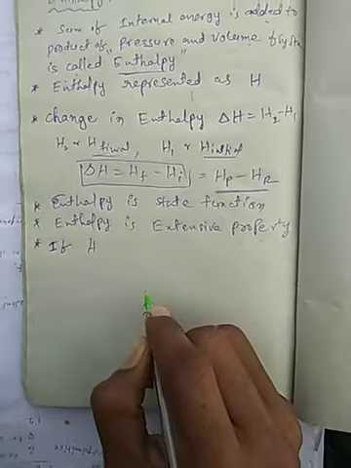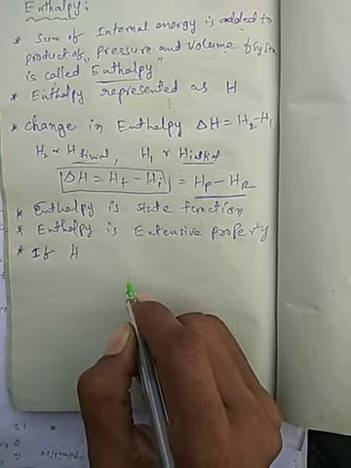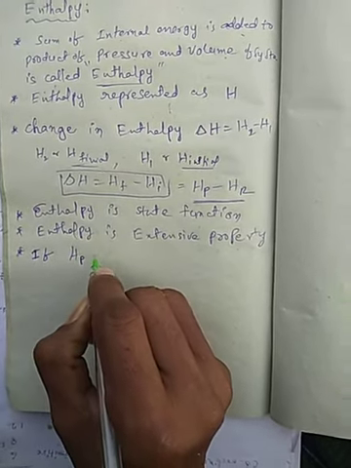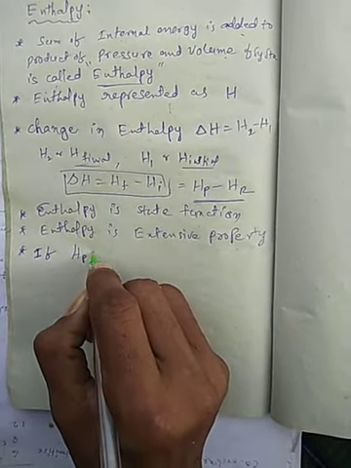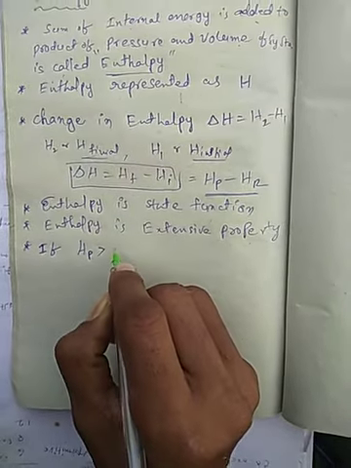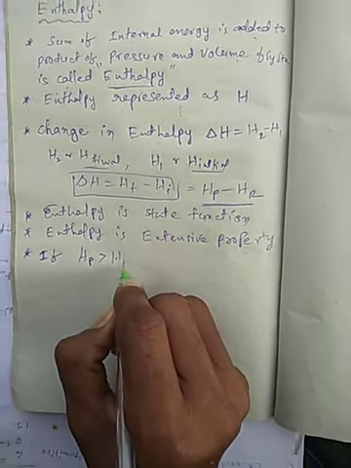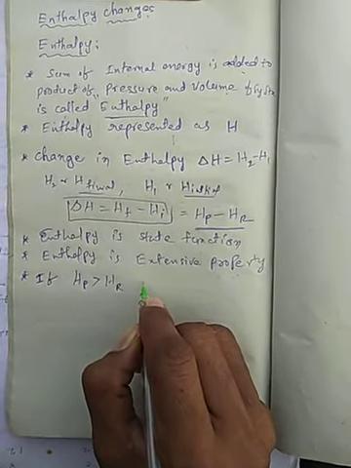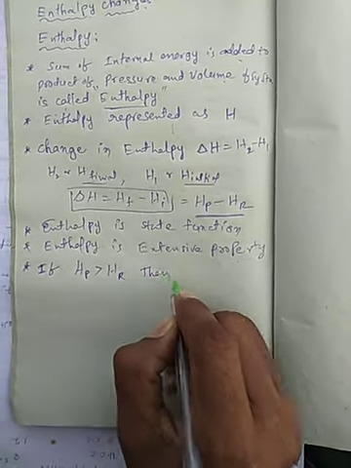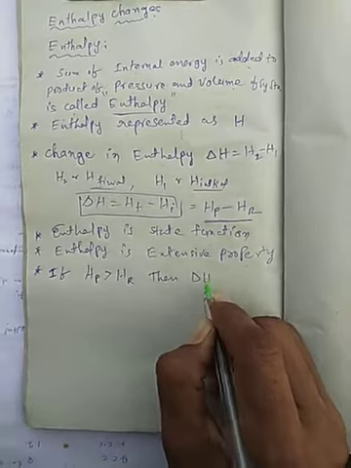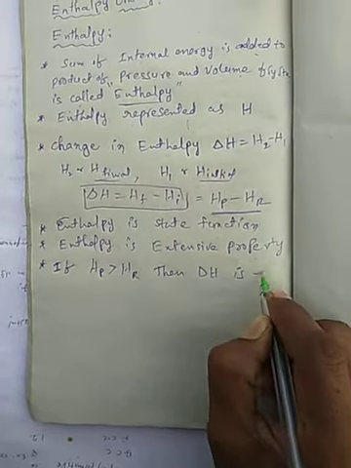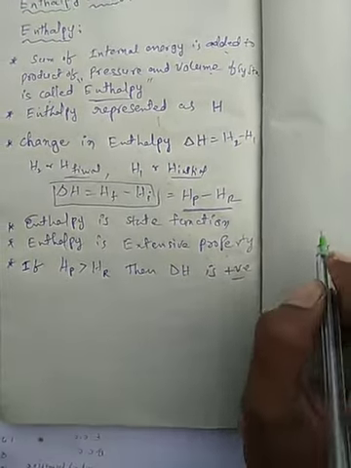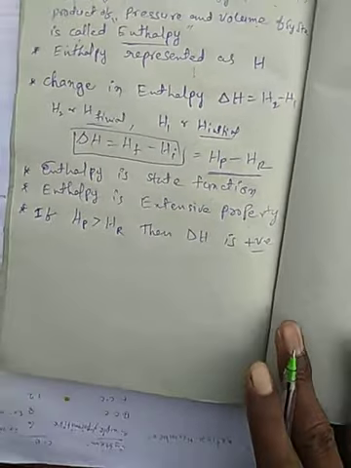If the enthalpy of product is greater than the enthalpy of reactant, then delta H is a positive quantity.